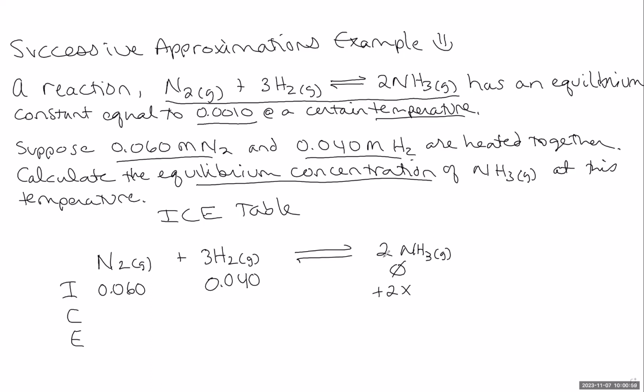And we know that we have to use up some of the hydrogen gas and some of the nitrogen gas in order to make that ammonia. So notice that we have minus 3x for hydrogen gas, because of that coefficient 3 in front of hydrogen, and there's a coefficient of 1 assumed in front of nitrogen. So we have minus x for nitrogen.